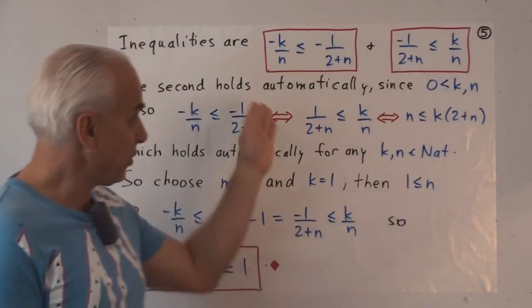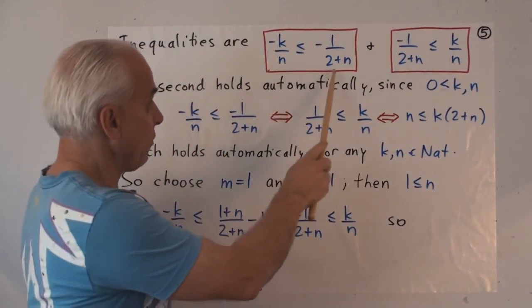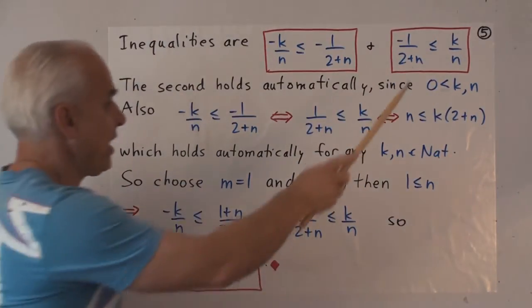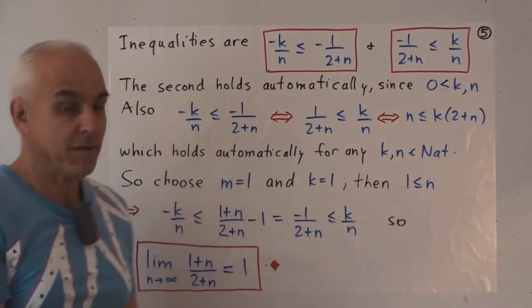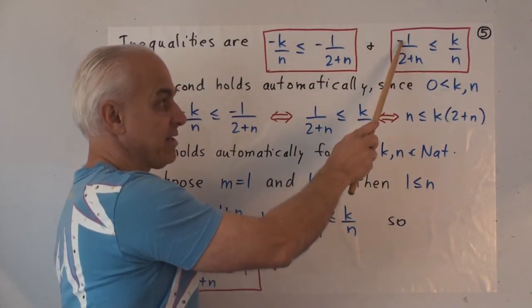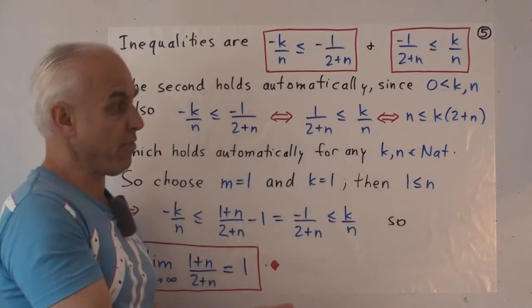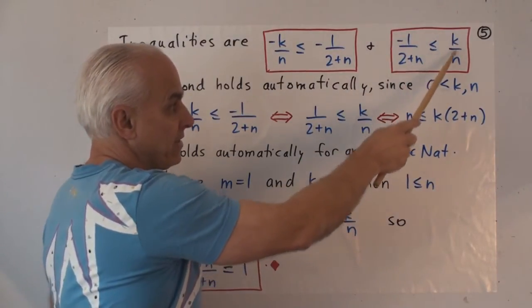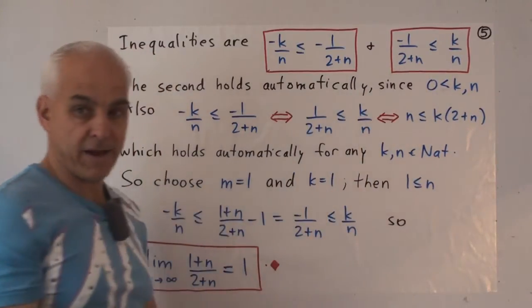So here are the two inequalities. The left-hand one, the right-hand one. The right-hand one holds automatically because this quantity is always negative, because there's a minus sign here, and n is always a natural number. So this is always less than 0. And the right-hand side is always positive, so that's going to hold automatically.